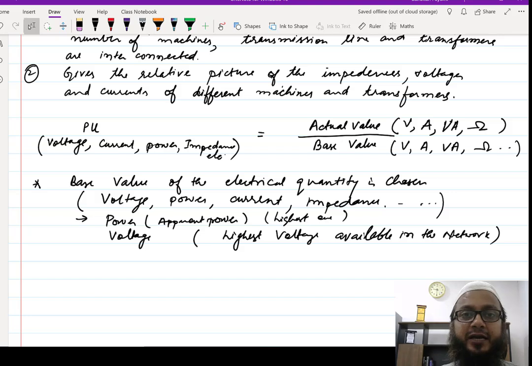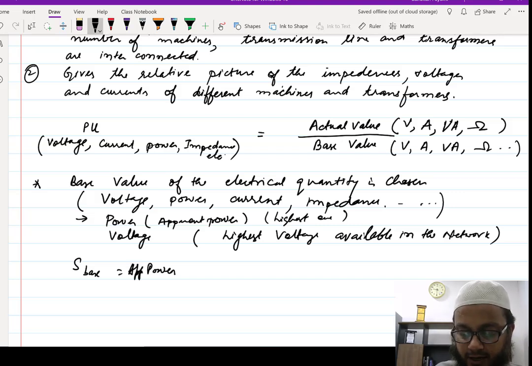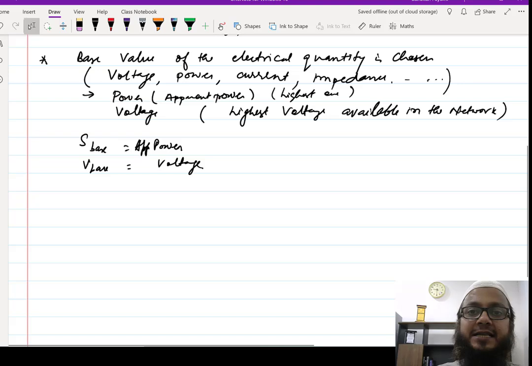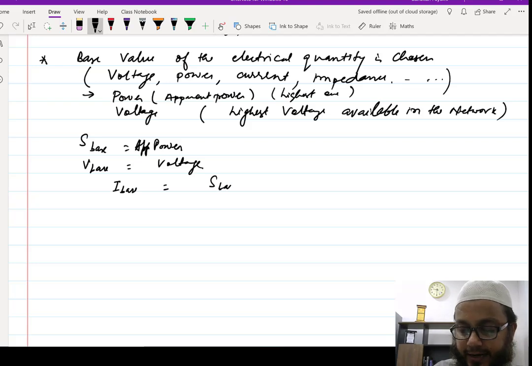Once you know any two base values, let's say we have defined S base for the apparent power and V base for the voltage, then I can easily compute I base, which would be S base upon V base. And what about Z base?